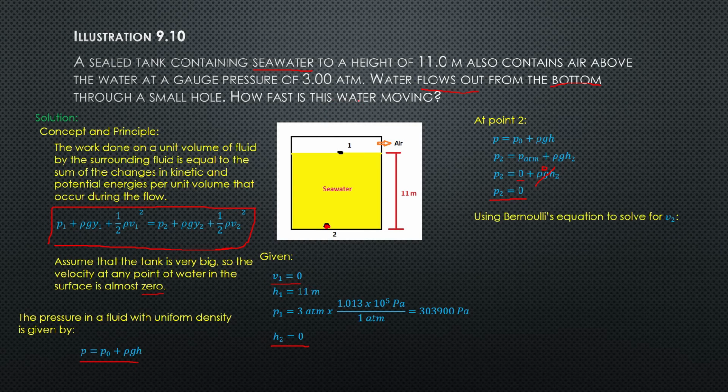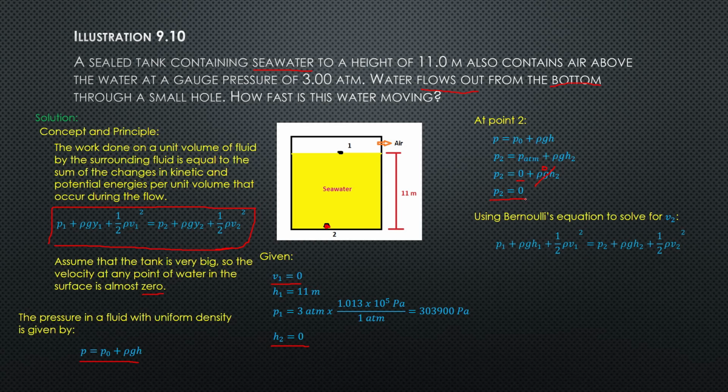Bernoulli's equation is this one: p1 plus density times acceleration due to gravity times height 1 at point 1, plus one half density times velocity 1 squared, will be equal to p2 at point 2 plus density times acceleration due to gravity times height at point 2, plus one half density times velocity 2 squared.